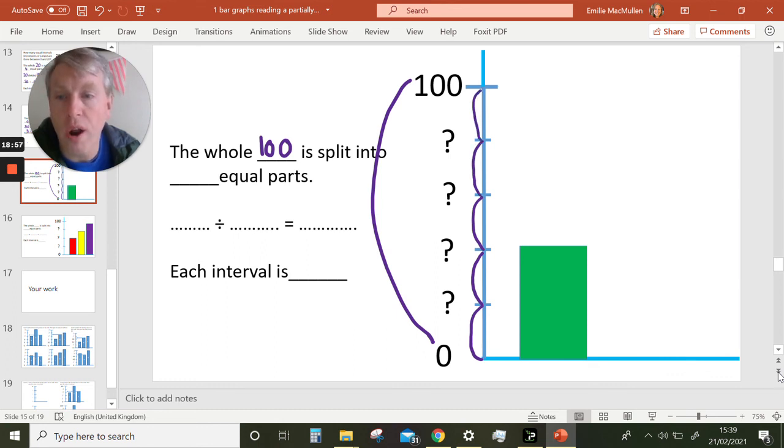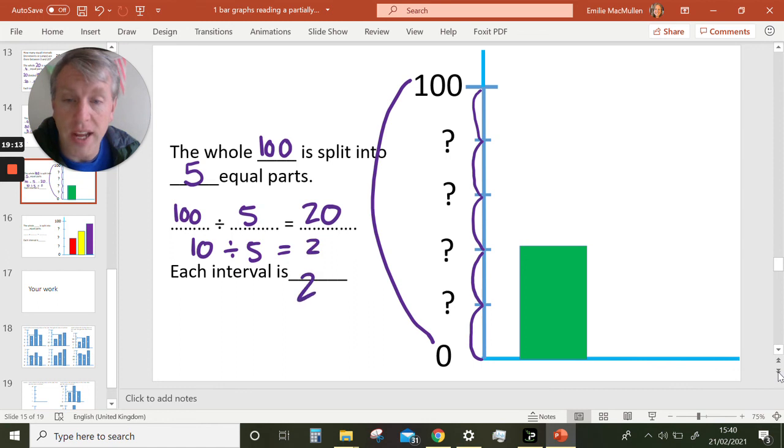The whole 100 is split into 5 equal parts, so it's 100 divided by 5. Okay, is 20. It's really just like doing 10 divided by 5 equals 2. So each interval is 20.